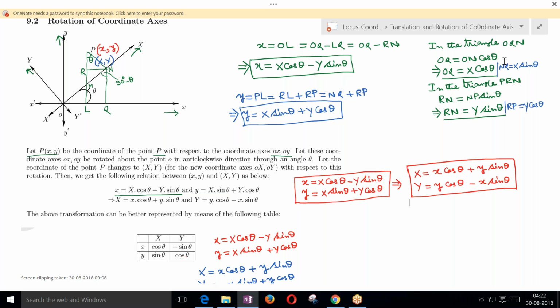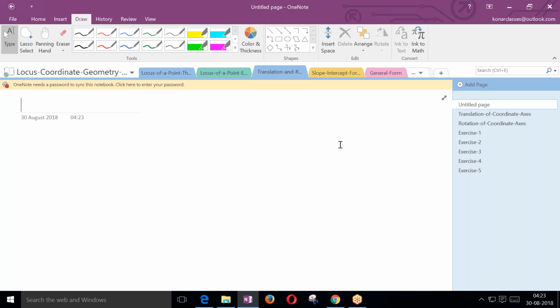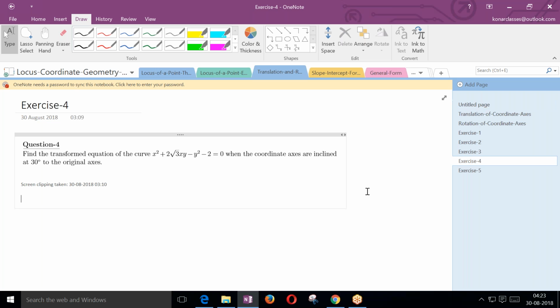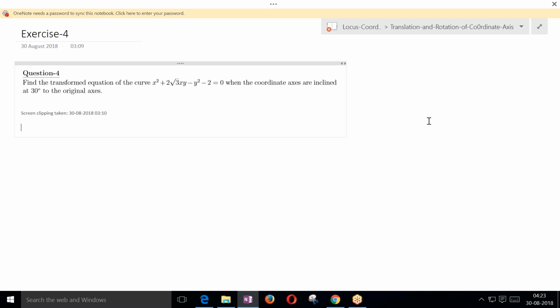Okay, so let me solve it. So far we have used capital X, capital Y. You can use some other format also.